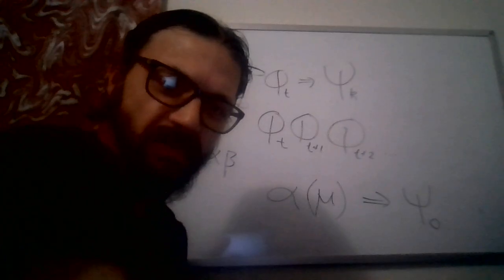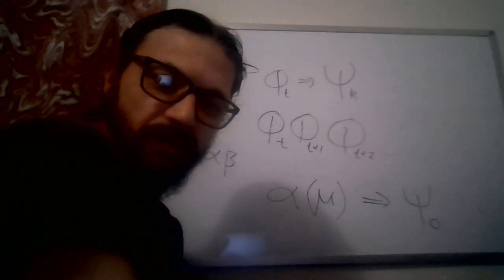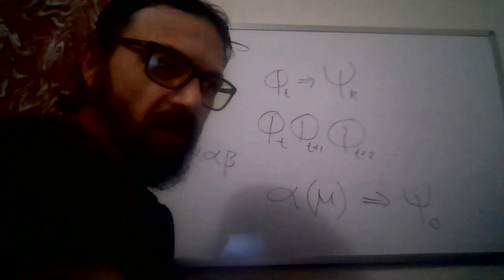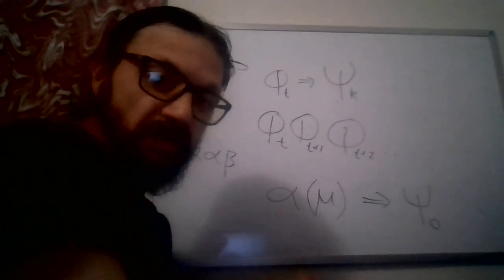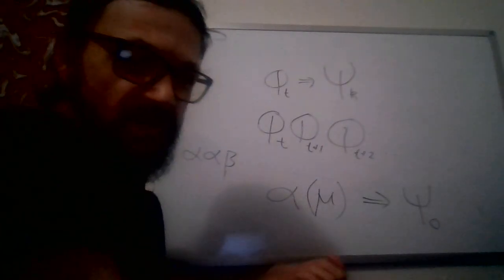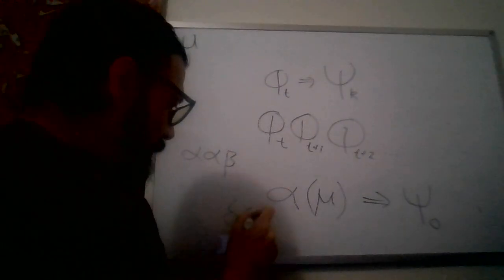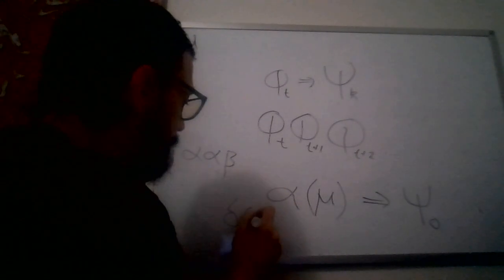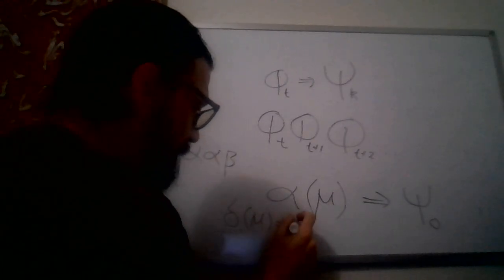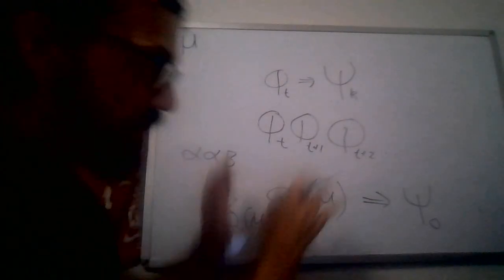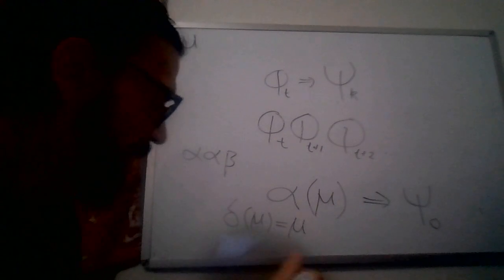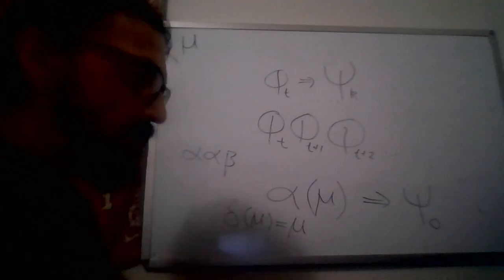It's almost like it wasn't valid in the first place. You can still use it, but it isn't going to really do anything. Like I said, if you delta mu, it gives you just mu. It doesn't crash the system or anything like that. It just absorbs it back in. It doesn't really do much.